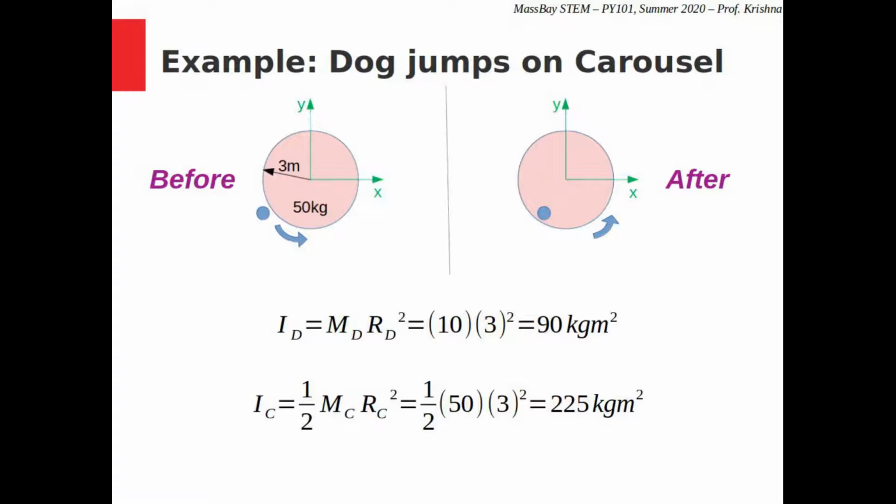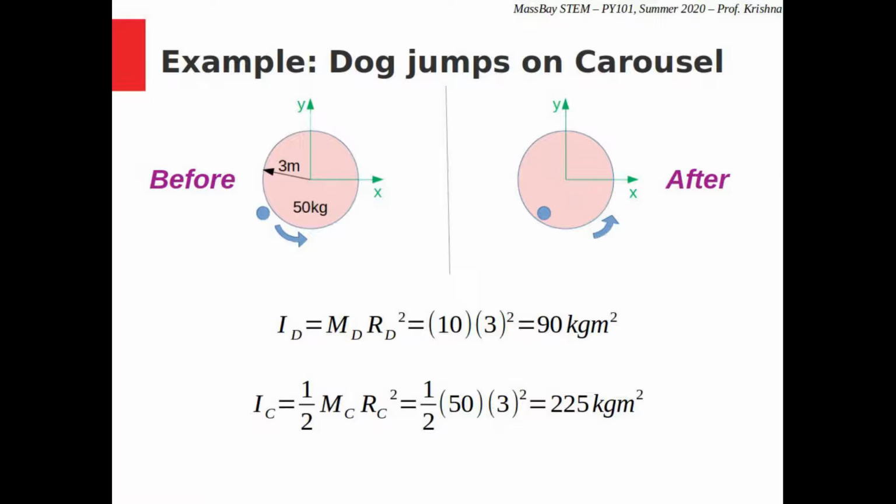We can consider the dog to be a point orbiting around the center of rotation. Such a point has a moment of inertia of mr squared, where r is the radius of the orbit, or equivalently, the distance from the dog to the center of rotation. That works out to 90 kilogram meters squared.